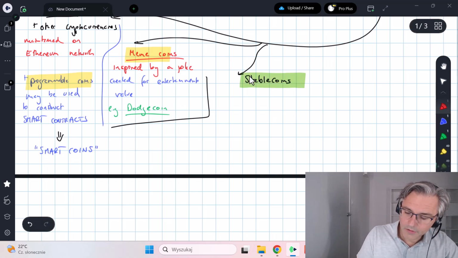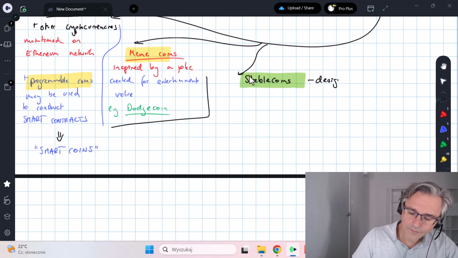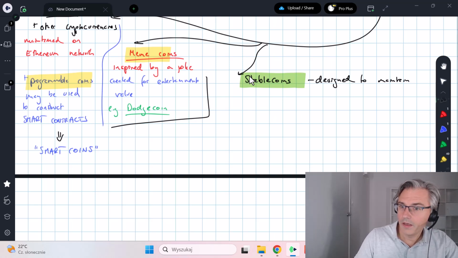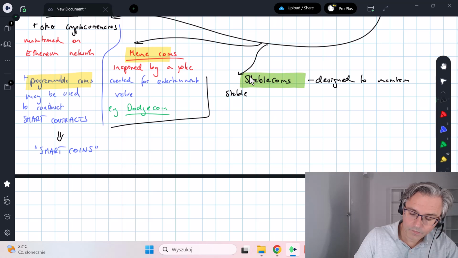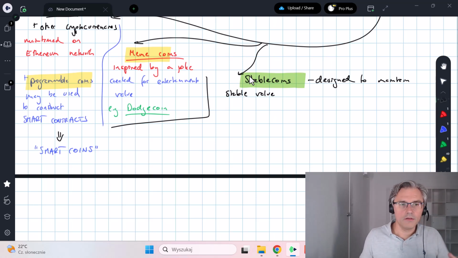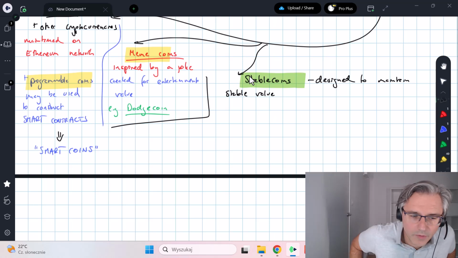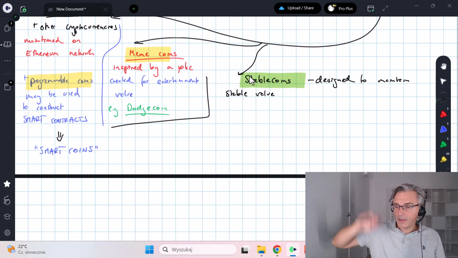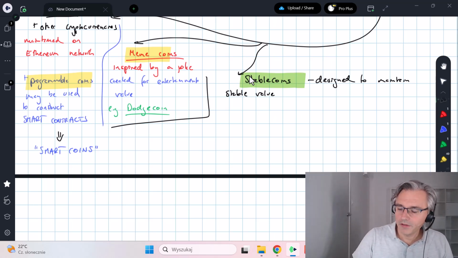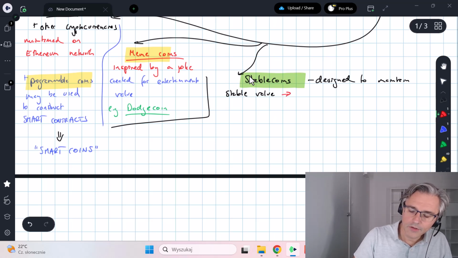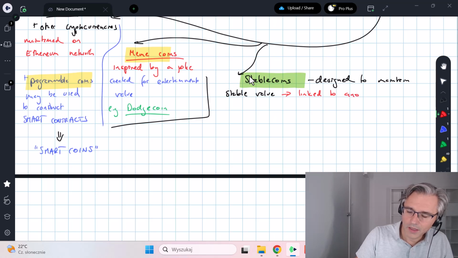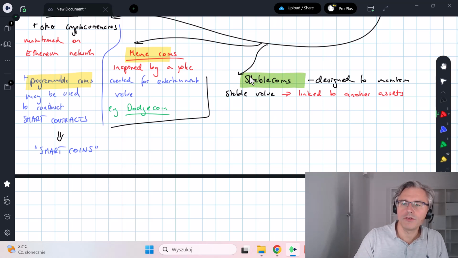So stable coins are designed to maintain stable value, which is obviously trying to solve the big problem of most cryptocurrencies, their huge volatility. But in order to maintain the stable value, the idea is that they get linked to another asset. Now, there are different ways in which you can do this.